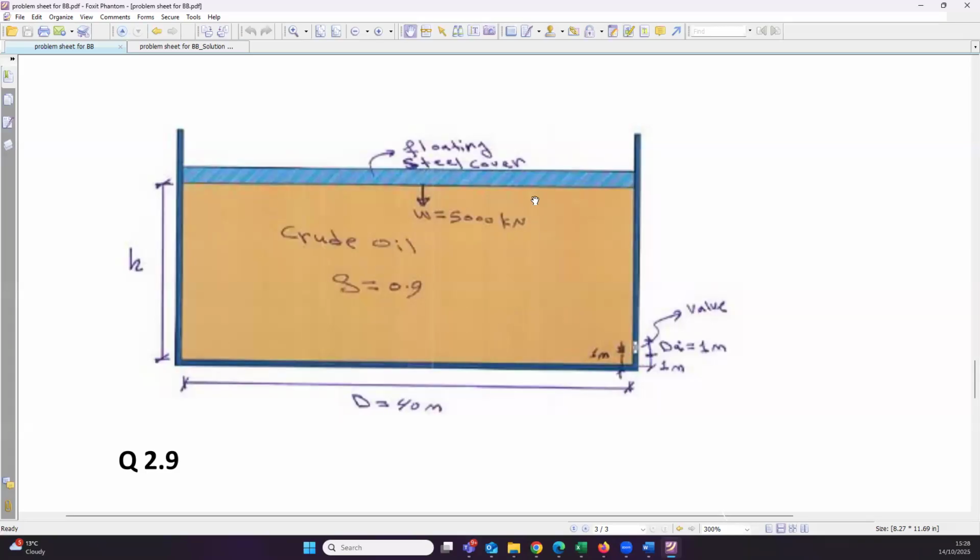But that pressure was at the center of the valve, because that's where the gauge is going to be. In the question, what you are asked is the total height of this container from top to the base, and this pressure was not at the base, it was at the center of the valve.